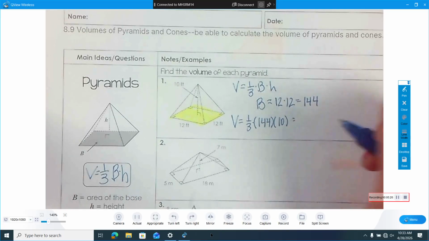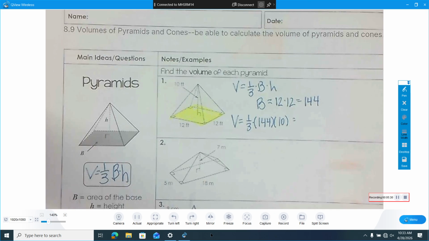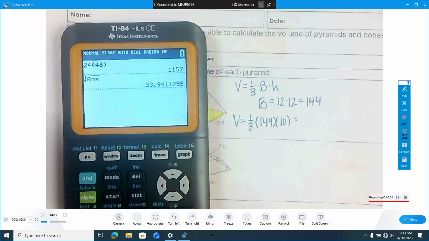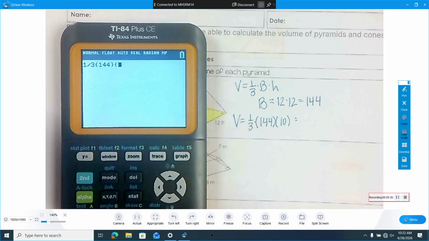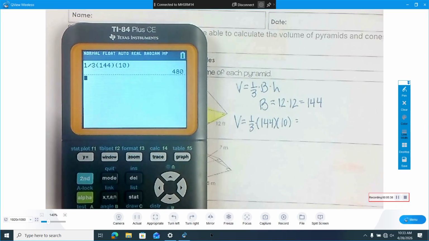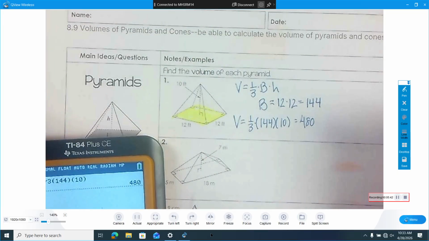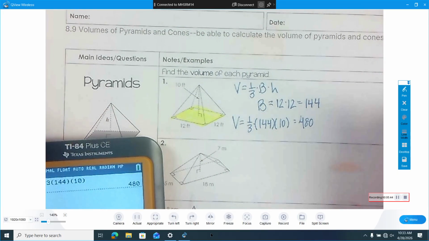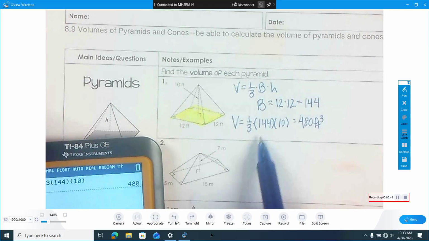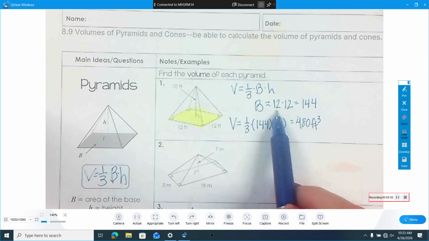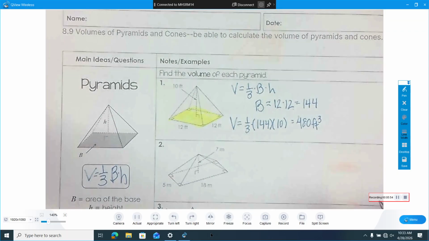How do you put 1/3 in your calculator? 1 divided by 3 times 144 times 10. Okay, so we get 480. What are the units on volume? Feet cubed. We've got feet times feet right here with 12 times 12, and then times another feet.